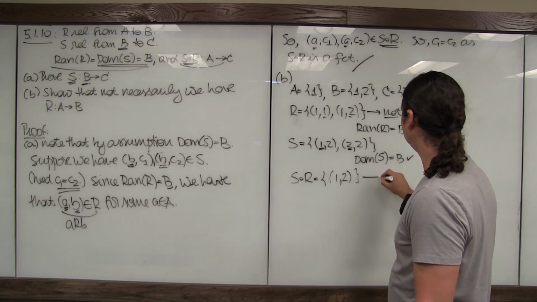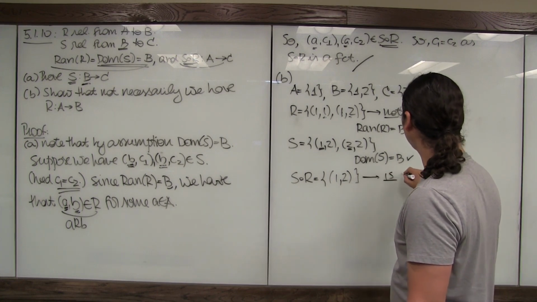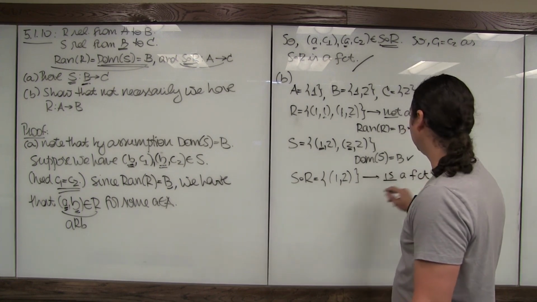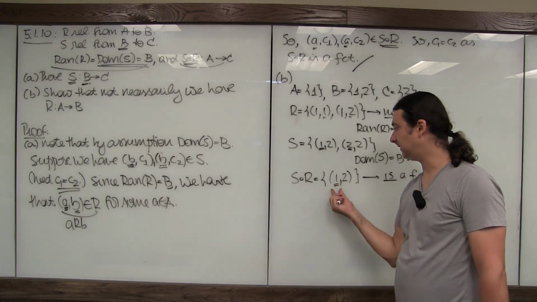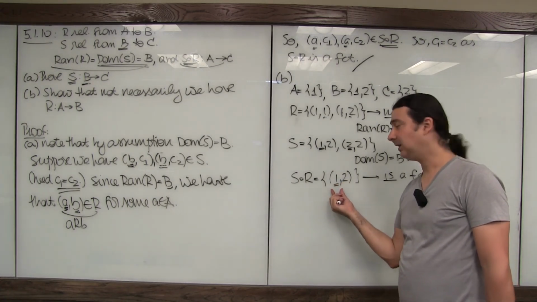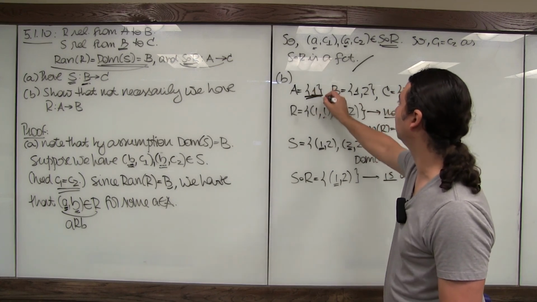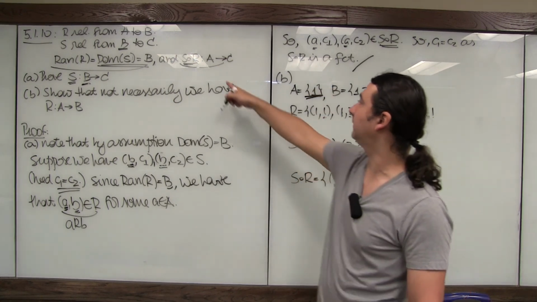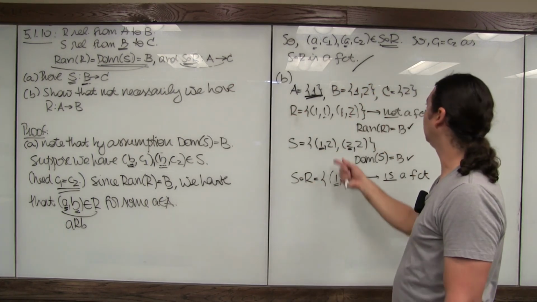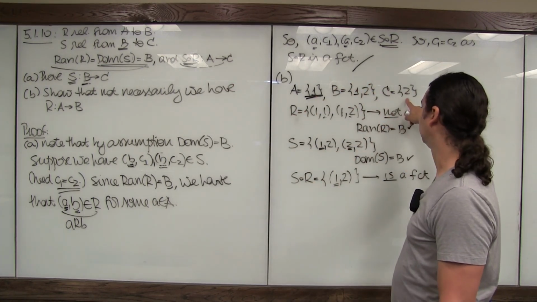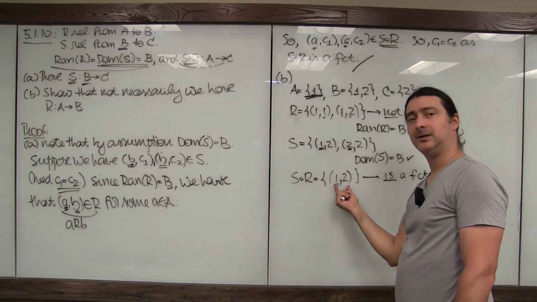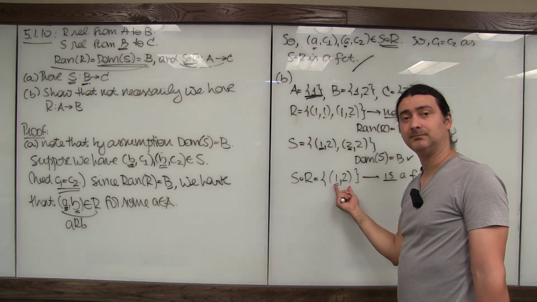Now this is a function. There's no repetition of elements in the first entry. And what is the domain of these? The domain is all of A. So this is indeed a function from A to C, right? From 1 to 2. And it is a function.